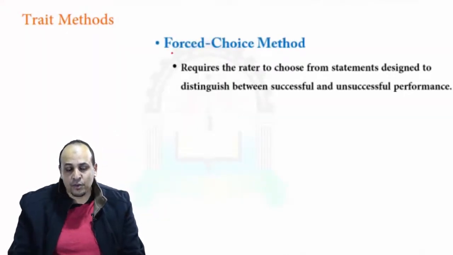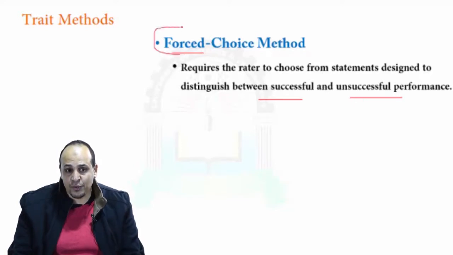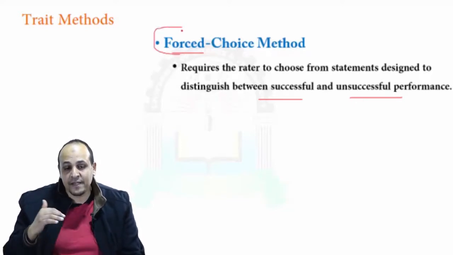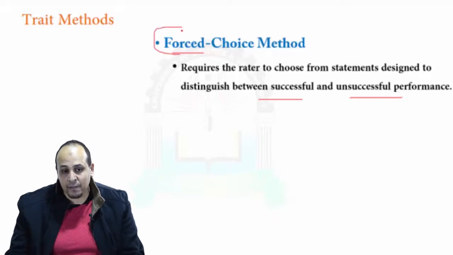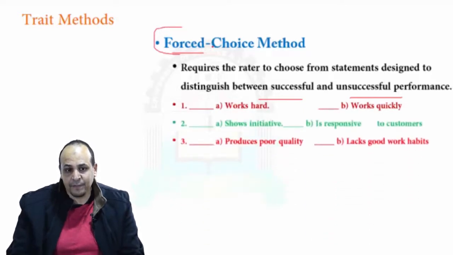Now the third one is called the forced choice method. Here it requires a rater to choose from statements designed to distinguish between successful or unsuccessful performance. Actually, we refer to this as forced because there's no space to come up with any kind of comments by the supervisor. So it's either to choose successful or unsuccessful as main factors in achieving such a task, which is appraising. For example, look at these examples here.